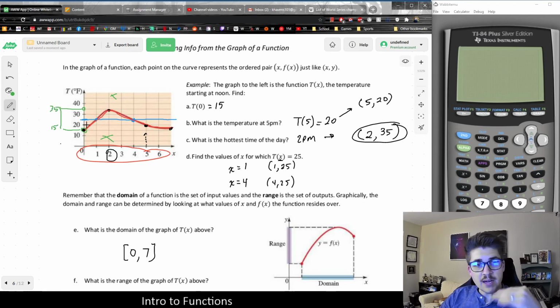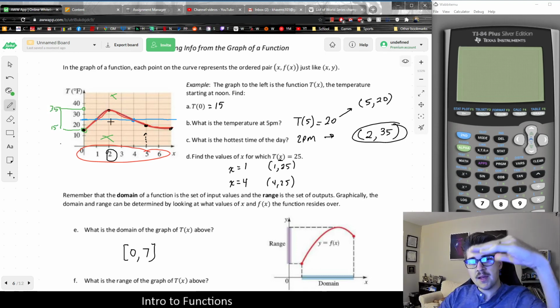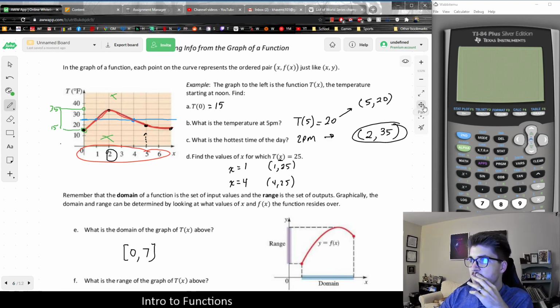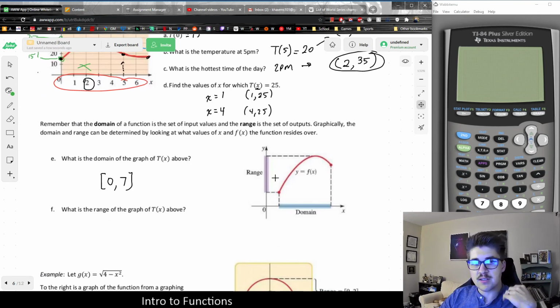And again, range is always done from bottom to top. This graph helps the visualization process for scanning a graph and trying to determine the domain and range. You want to know from left to right, where is it for domain, and from bottom to top, where is it to find the range.